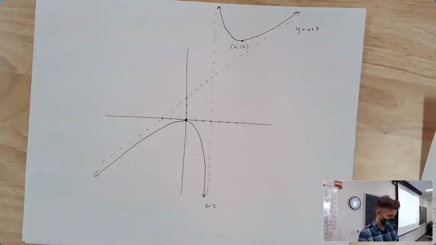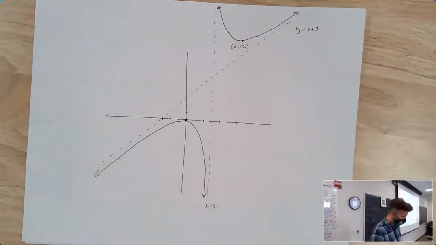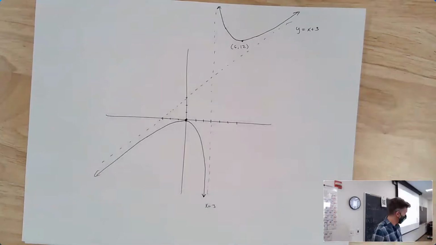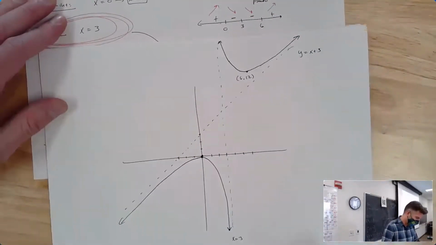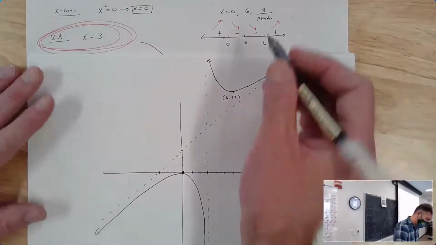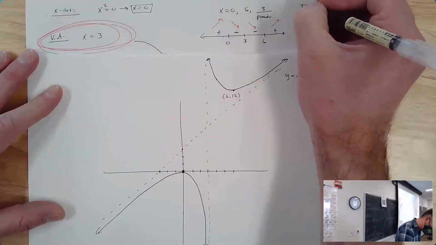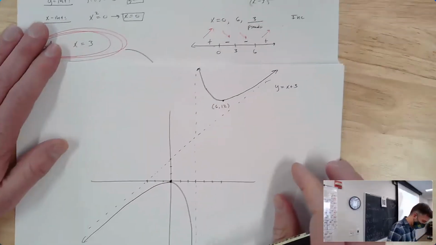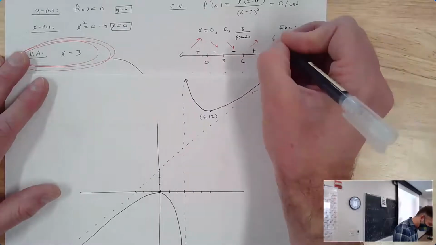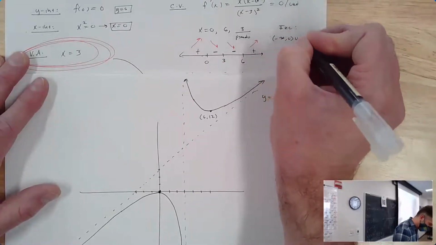One last thing about this function. I want to point out that if someone asked you to write down the intervals where this was increasing or decreasing, here's what we would see. Looking back at my first derivative sign chart, this function is definitely increasing on the interval from -3 to 0, union 6 to infinity.